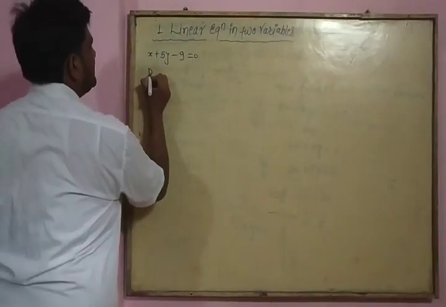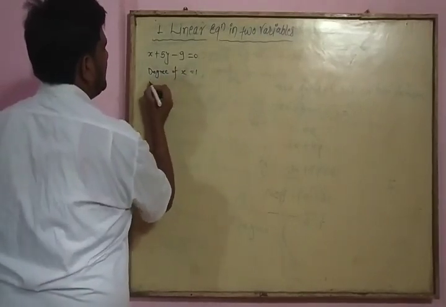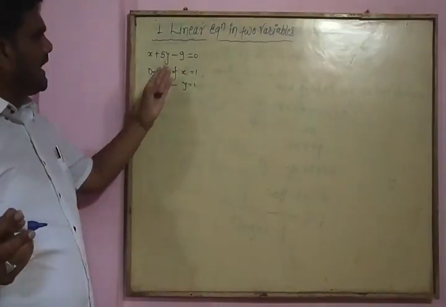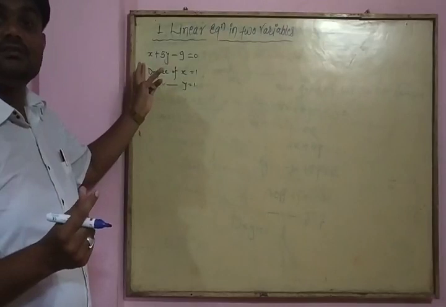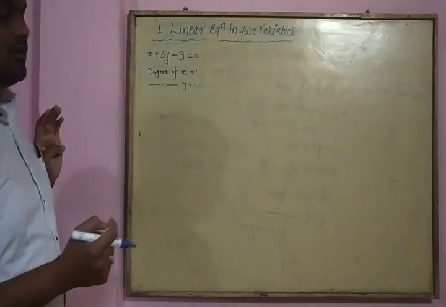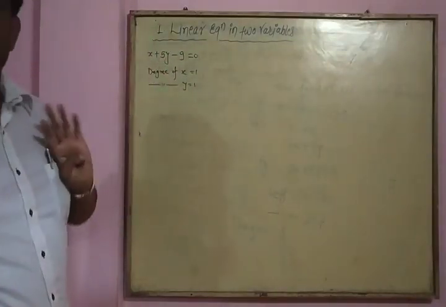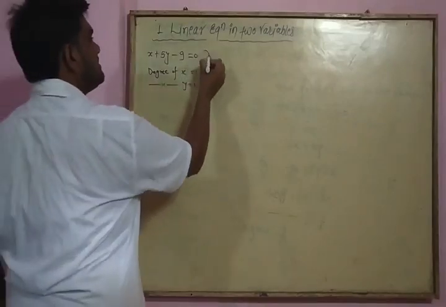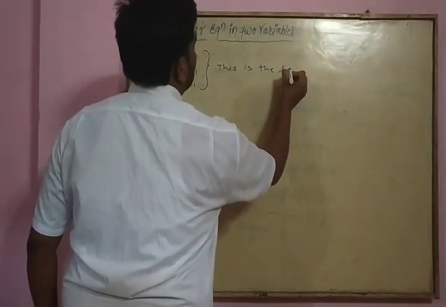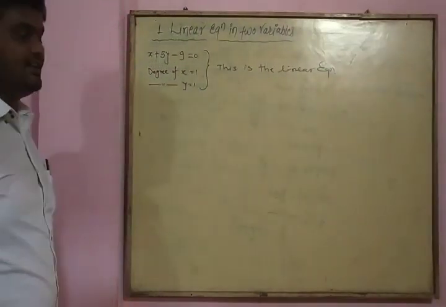Degree of x is equal to 1, degree of y is also equal to 1, and it fits the standard form ax plus by plus c equal to 0. So this is a linear equation.